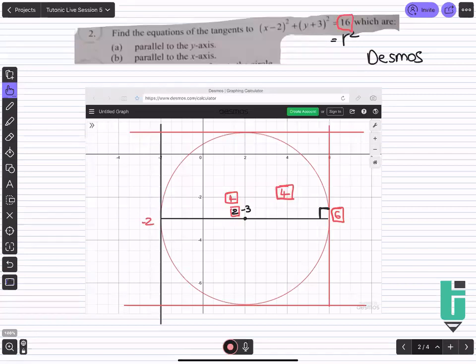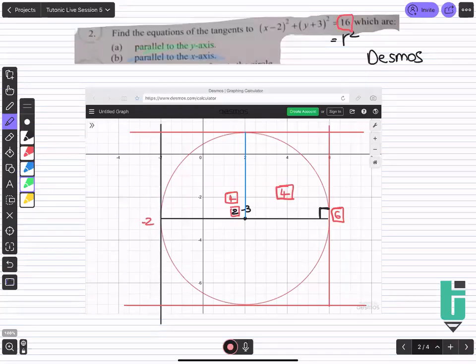The radius is a vertical line if the tangent is horizontal. Anything that is parallel to the x-axis is a horizontal line, right? Everything that is parallel to the y-axis is a vertical line.